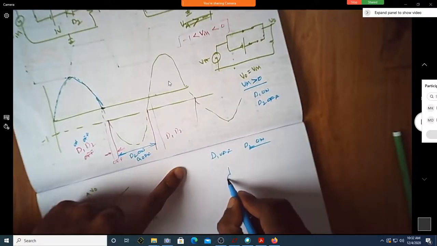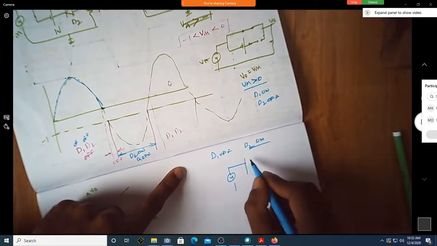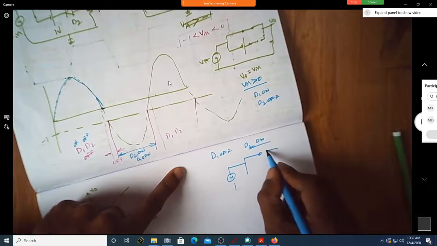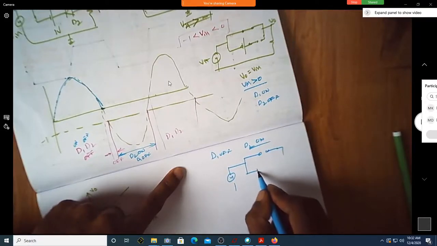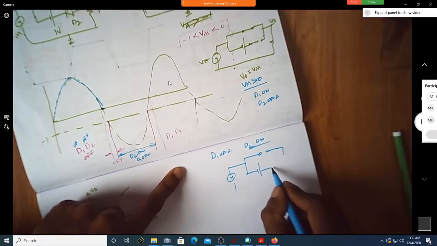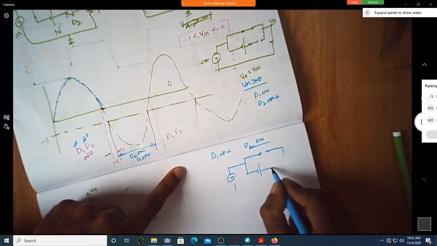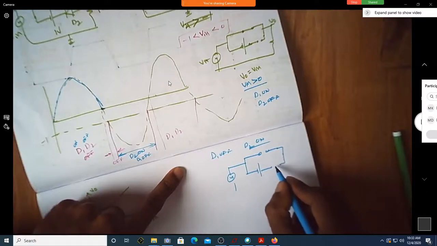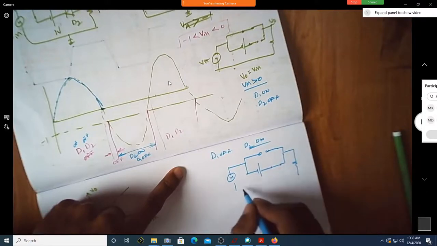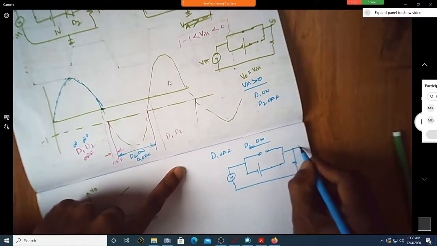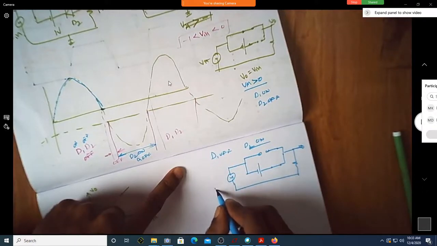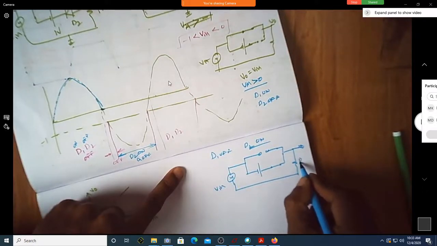In such a case, how does the equivalent circuit look? This diode is off. Here it is 1 volt, something like this, and this is a short circuit. This is V naught, this is V in, and this is the resistor.